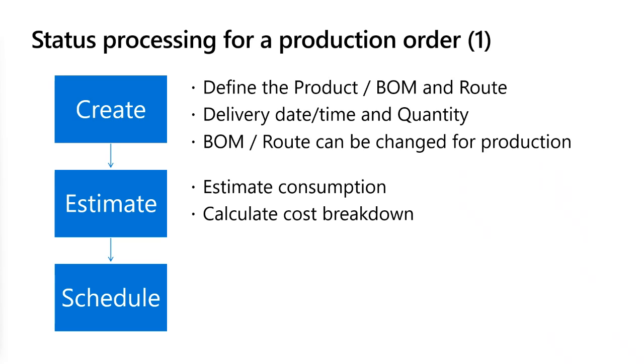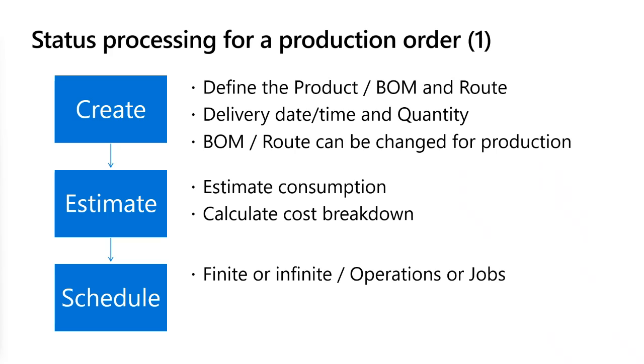Next, the production order is scheduled. This means that the planned consumption is scheduled over a timeline. Scheduling offers overwhelming options, so we decided to have specific tech talks for scheduling in this series. Just to name a few of the options here: scheduling against finite or infinite capacity for resources and items. So if you plan with finite capacity, if a resource or an item is not available, the production order gets delayed.